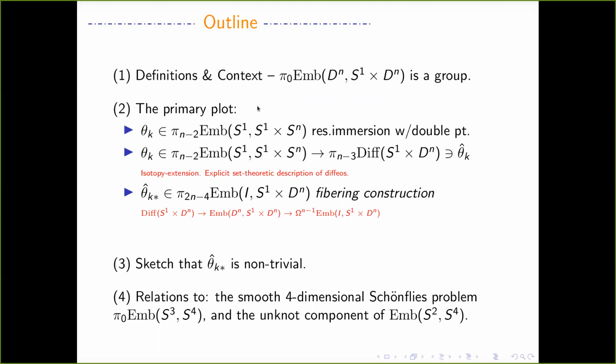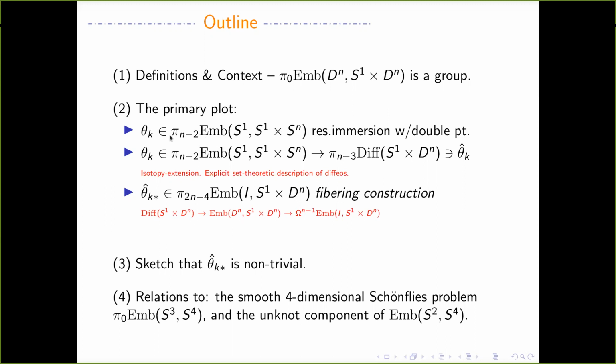And then the main plot is we construct some elements in the n minus second homotopy group of the space of embeddings of the circle into S1 cross Sn, by taking an immersion with a single regular double point and doing a resolution construction. So very much like Vasiliev's perspective on embedding spaces, and it gives some elements of pi n minus 2.